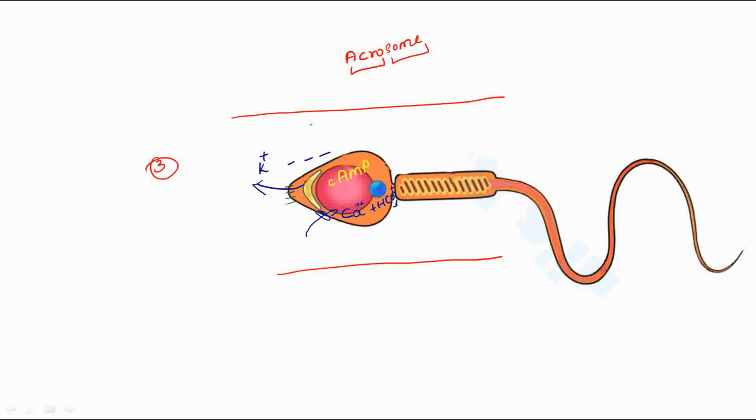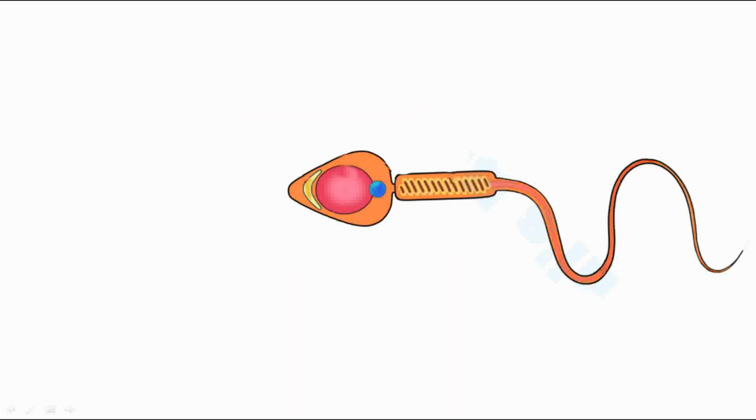Then what is the fourth one? The fourth one is also happening inside the female reproductive tract. So I am again drawing that female reproductive tract. The fourth one is that certain protein chaperones present inside the sperm get phosphorylated.